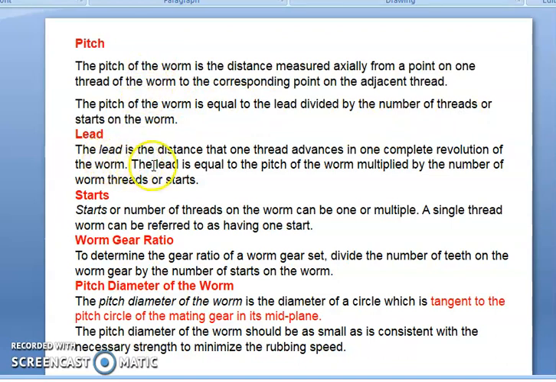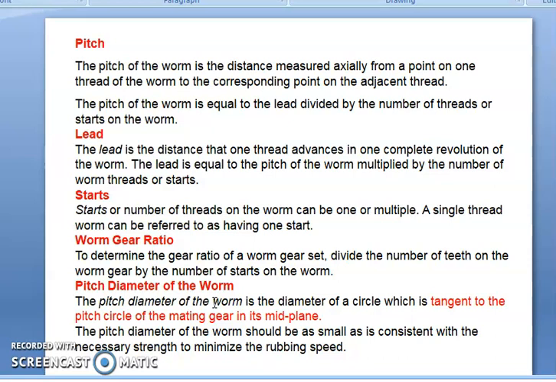See, actually the lead is the distance that one advances in a complete revolution of the worm. That means in one complete revolution of the worm, that distance is moved inward. That is the lead. So the lead is equal to the pitch of the worm multiplied by the number of worm threads or starts. The starts means the number of threads on the worm, which can be one or multiple.